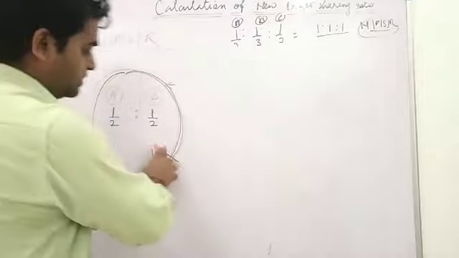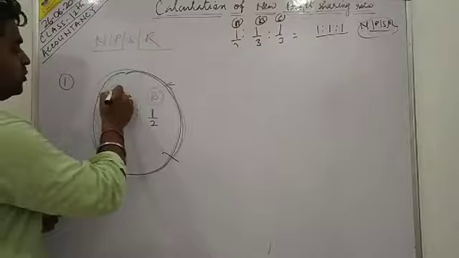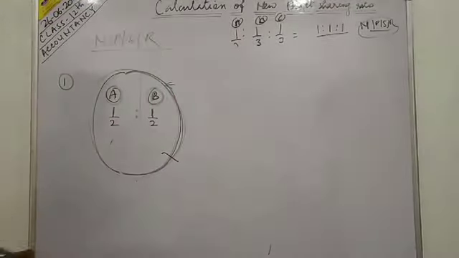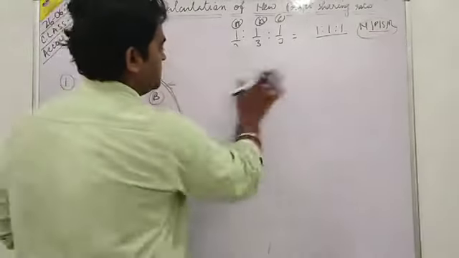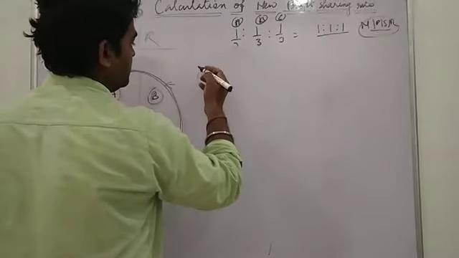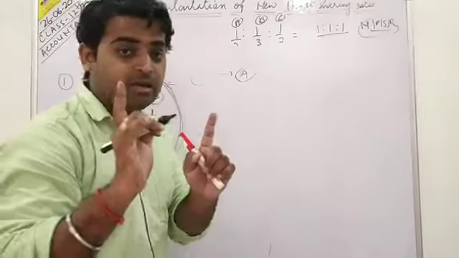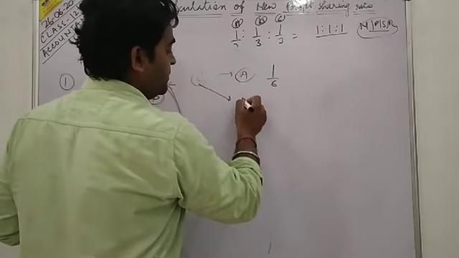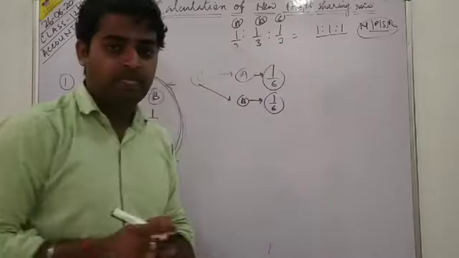I want to tell you one more condition. Suppose in the question A and B are two partners, and they distribute their profit 1:1. C is taking from A 1/6 and from B 1/6. Then what will we do?